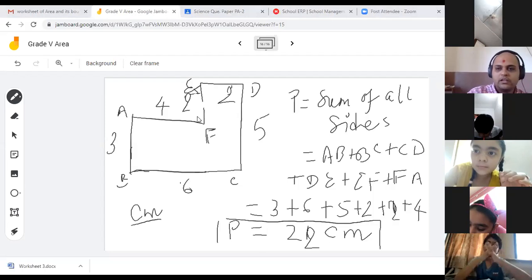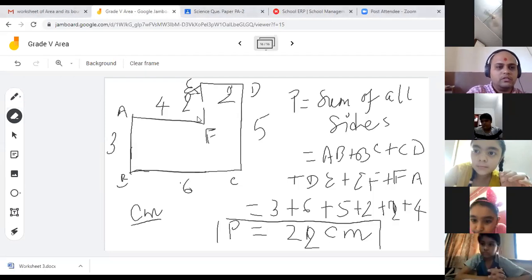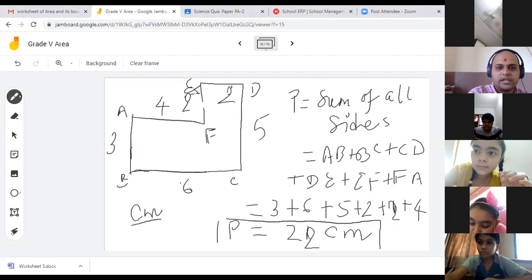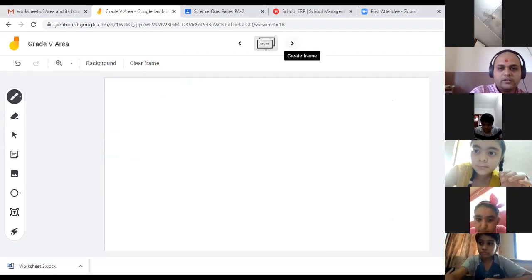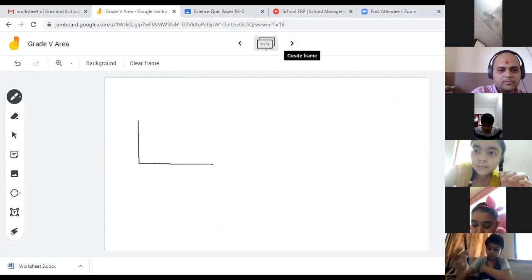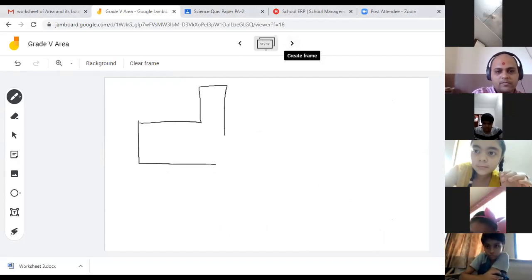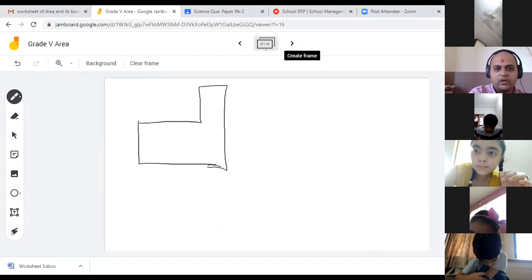Perimeter done. Everyone. Okay. Now let's do this one. Next example. Same. In the same example, we have to find area also. Right? We have to find area also.